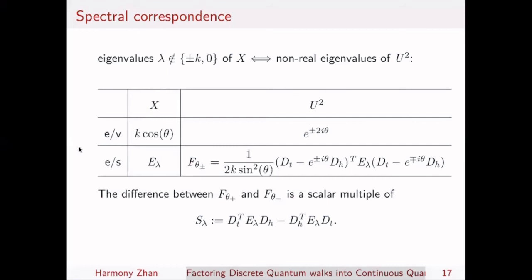If you expand that, you will see 4 terms. Some of them are complex, some of them are real. So it's not a beautiful expression. But for our purposes, we only care about the difference between f theta plus and f theta minus. So after some calculation, you realize that boils down to basically this matrix.